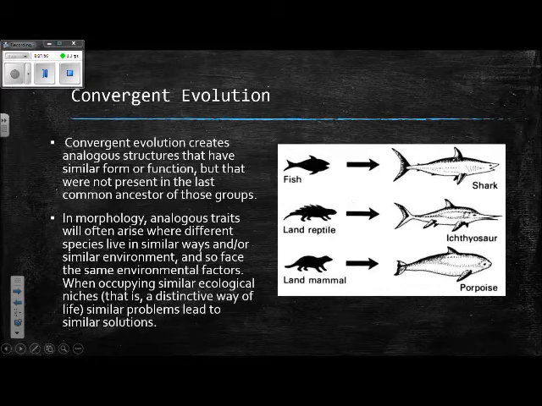Okay, so if we look, we have three very different animals here. You got a fish, you got a land reptile, and you got a land mammal. And they all eventually kind of moved and migrated into the ocean, into the water. So if you look, a shark, an acanthosaur, and a porpoise all look very, very similar, but they're very, very different.